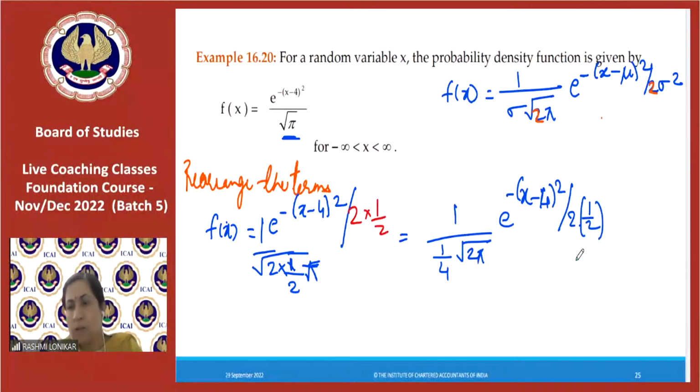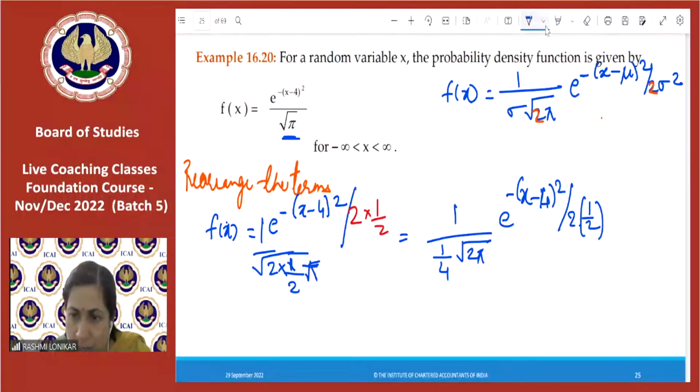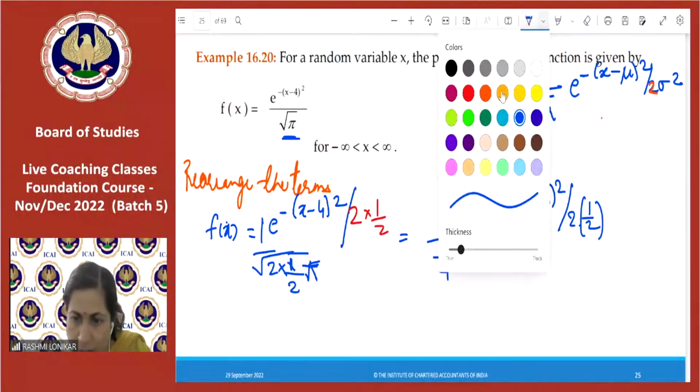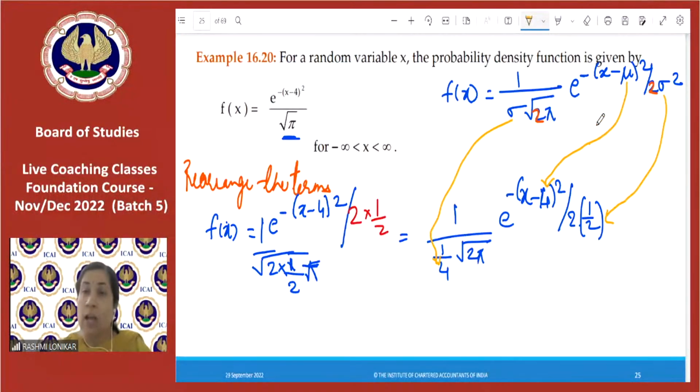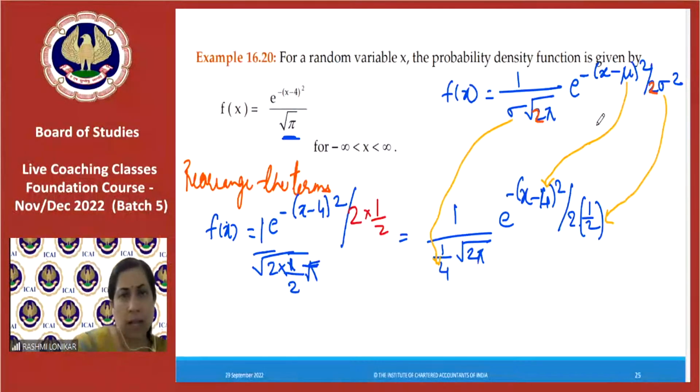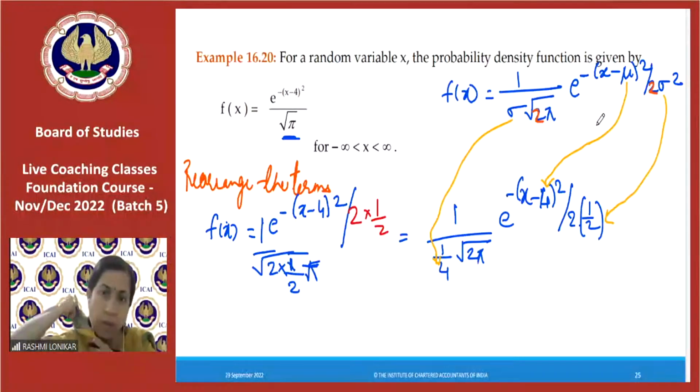Okay. So what do I get when I compare this formula over here? Instead of sigma square, what do I have? I have 1 by 4. Instead of mu, what do I have? 4. I'm comparing the formula that I have with what I have rearranged.